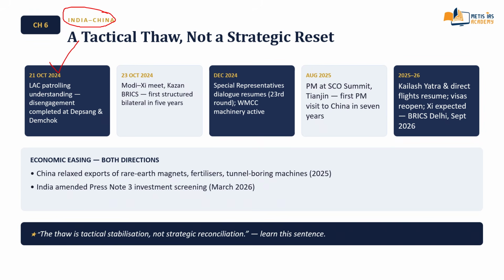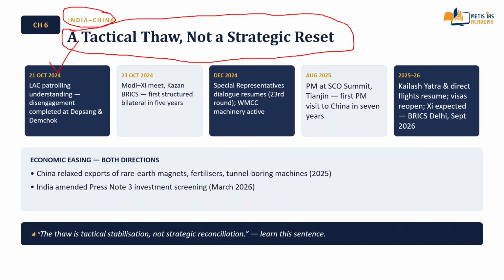Coming to current affairs, anchor 2025-2026. Since late 2024, India and China have been in a phase best described as a thaw, but a tactical thaw. Not a strategic reset.